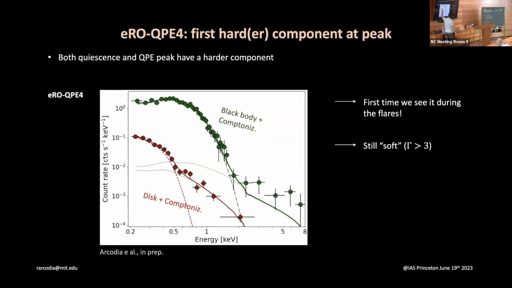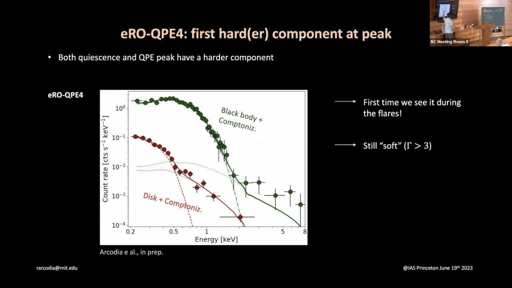Now, this model of the quiescence has been fixed throughout the burst, so this emission is accounted for during the burst. Still, you see there's a big thermal component that dominates the QPE peak, and yet there are counts in excess up to 8 keV for the first time during a QPE flare.